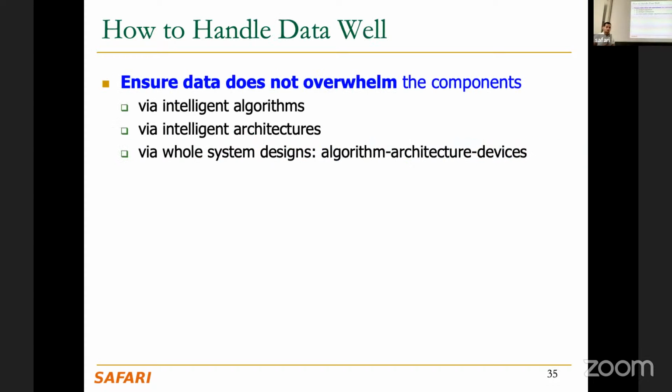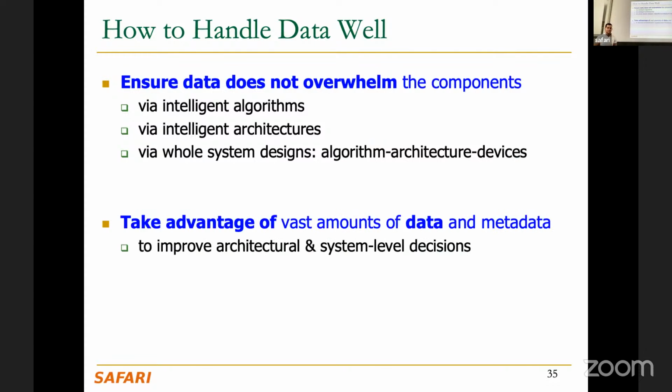So how do we handle data well? The first thing that we need to do is ensure that data does not overwhelm the other components of the system. We can do that with different approaches. We can have better algorithms, we can have better architectures, and we can co-design the algorithms together with the architectures to enable a more efficient system.